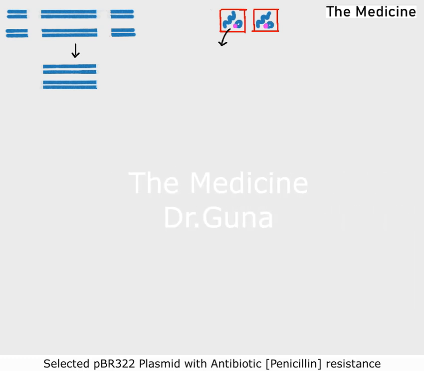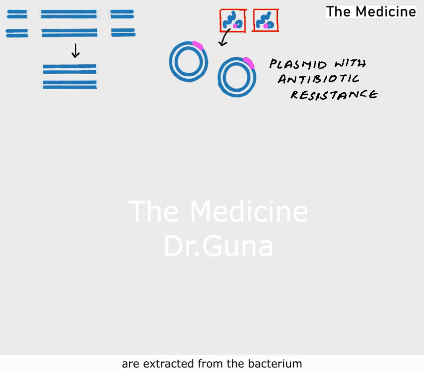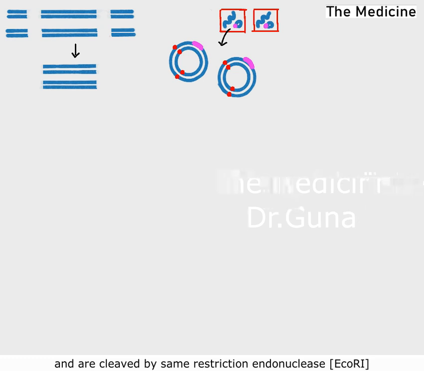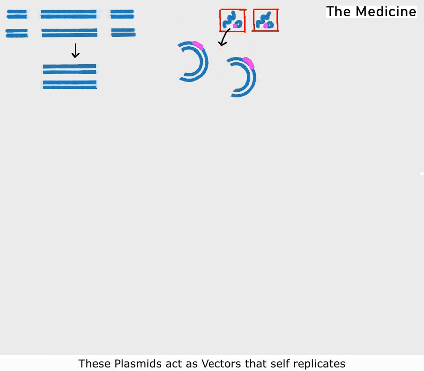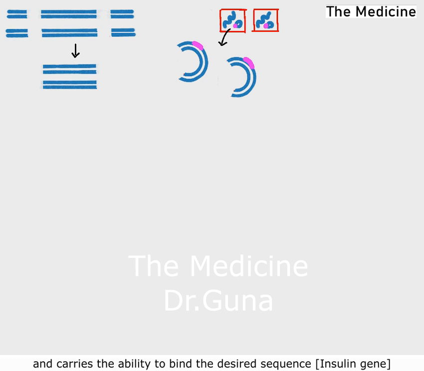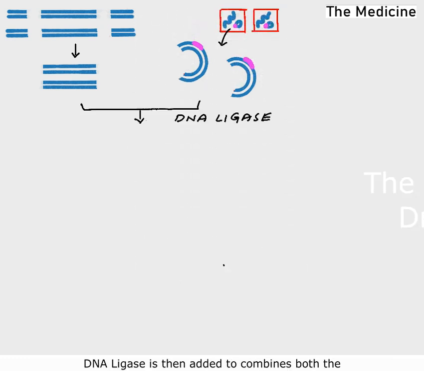The selected pBR322 plasmid with antibiotic penicillin resistance is extracted from the bacterium and cleaved by the same restriction endonuclease EcoR1 that has already cleaved the desired DNA sequence, the insulin gene. These plasmids act as vectors that self-replicate and can bind the desired sequence, the insulin gene.